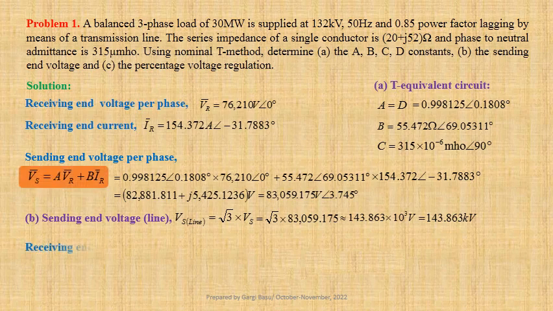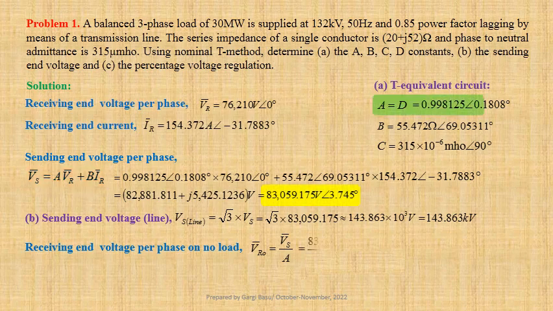Therefore, receiving end voltage per phase on no load VR0 equals Vs divided by A. Using values we get 83,059.175 at an angle 3.745 degree divided by 0.998125 at an angle 0.1808 degree.